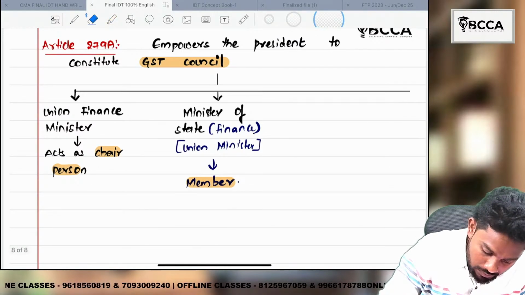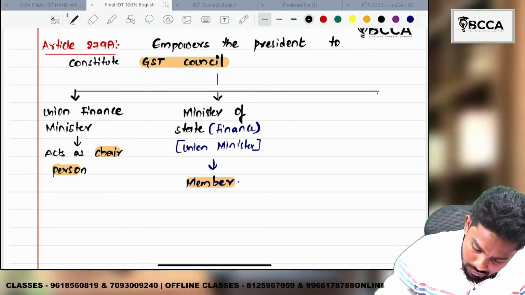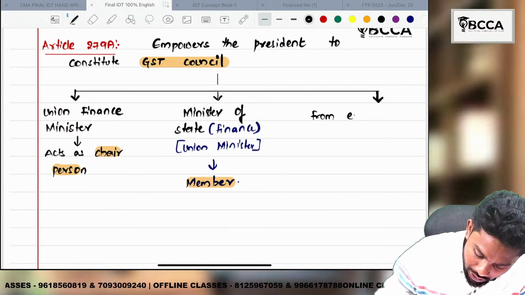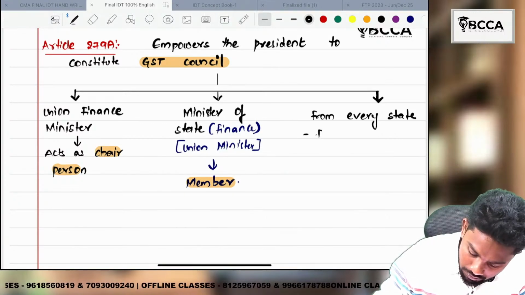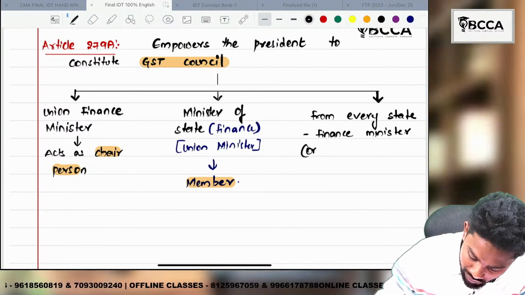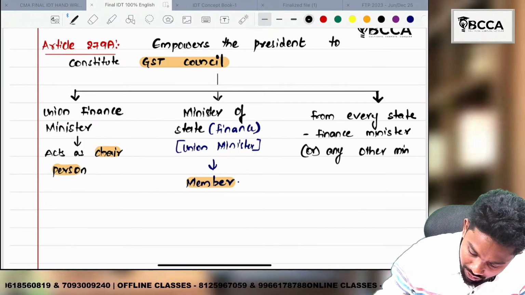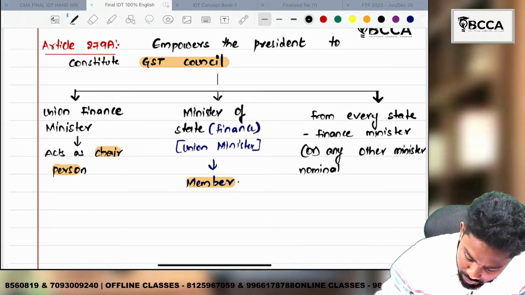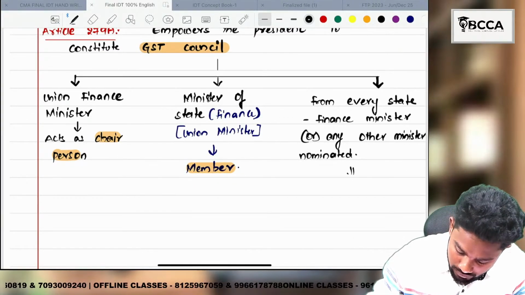And from the third one, from every state, the finance minister or any other minister nominated will also act as a member.